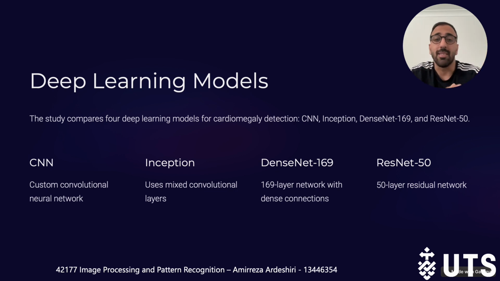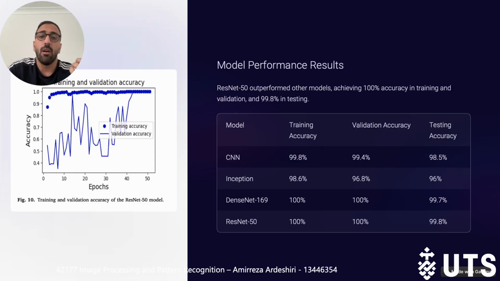DenseNet 169, with its 169 layers and dense connections, showed robust results by reusing features efficiently. Finally, ResNet 50, with its 50-layer structure and residual blocks, achieved the highest accuracy and was the best performer in this study.